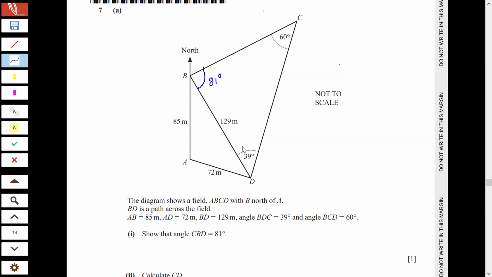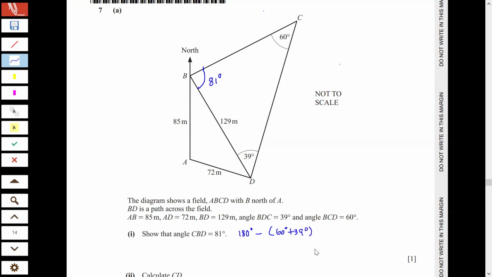To show this, we have to consider the triangle CBD. The total sum of angles in a triangle is 180 degrees. Two angles are known and we have an unknown angle, so we can add up the known angles and subtract from 180 degrees. So it's going to be 180 degrees minus the sum of the given angles, 60 degrees plus 39 degrees.